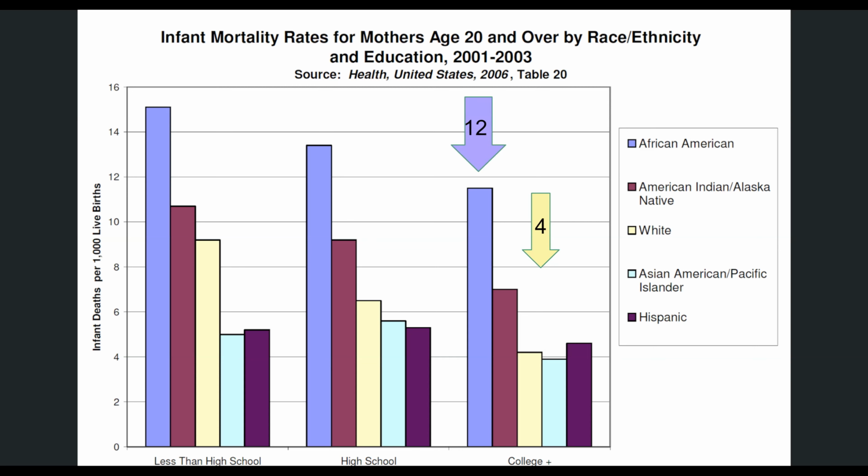For an African American woman, the rate's 3 times as high, so 12 per 1,000 live births. And babies born of white women who haven't finished high school experience a lower rate of infant mortality than college-educated Black women. So white women without high school education, Black women with college education.